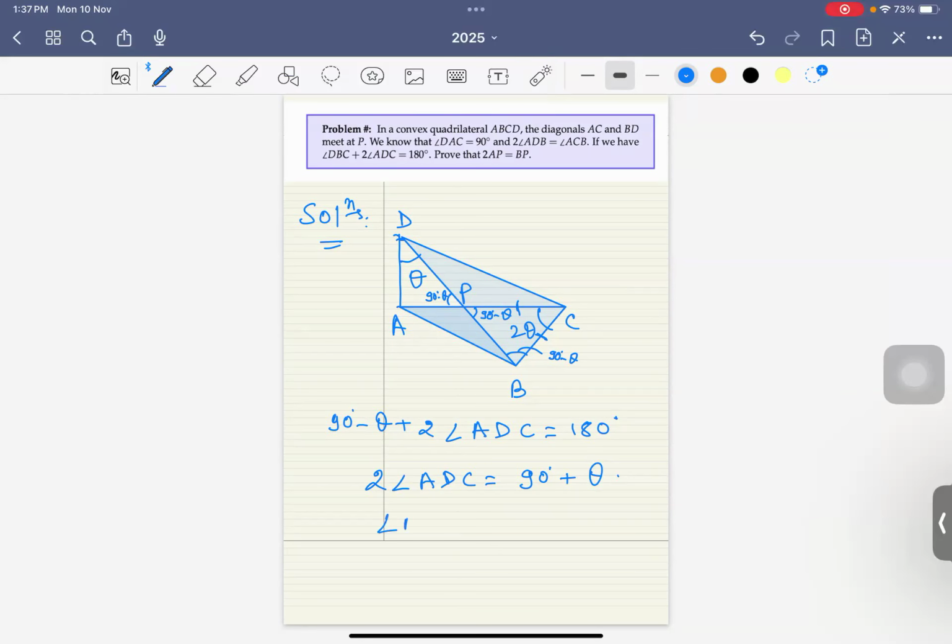So angle ADC is equal to 45 degrees plus theta by 2. And since the total angle ADC is 45 degrees plus theta by 2, this angle here must be 45 degrees minus theta by 2, so that these two angles add up to 90 degrees.